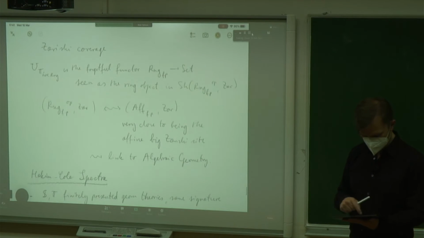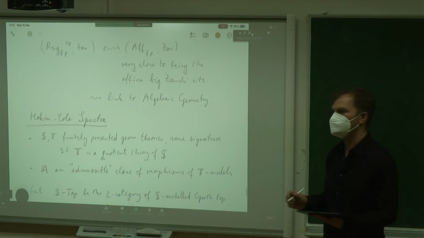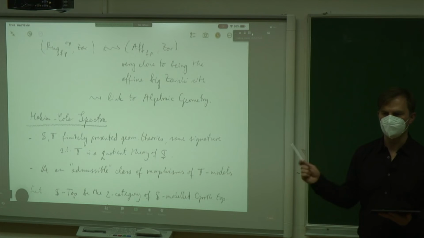Well, by using the so-called Hakim-Kohl spectra. Hakim was one of the rare successful students of Grothendieck, and she wrote her thesis in maybe the 50s, and it was published as one of the Springer monographs in the 60s.